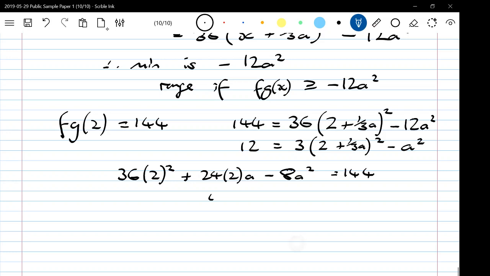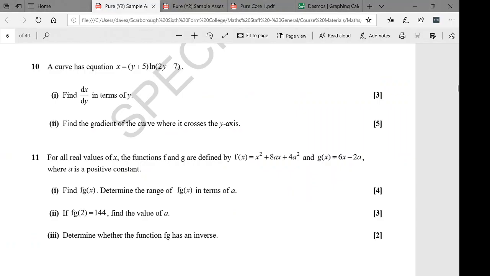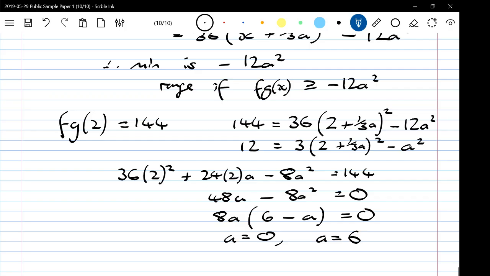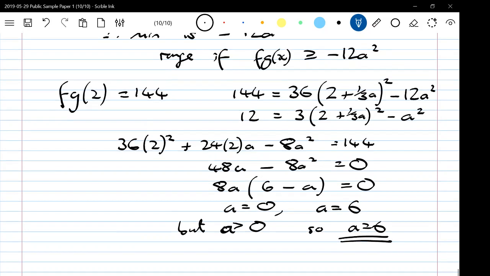We've got 48a minus 8a squared is 0. Much better. So 8a times (6 minus a) is 0, so a equals 0 and a equals 6 are the two solutions, and a was a positive constant. A is greater than 0, so a equals 6 is the only solution.